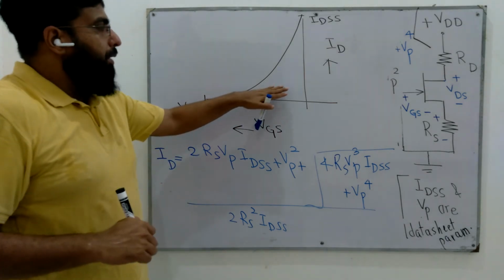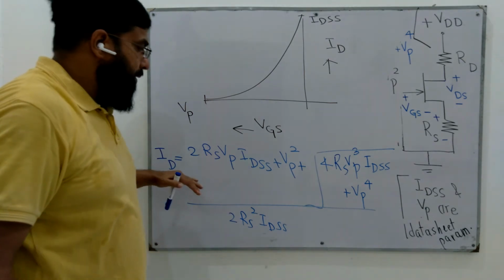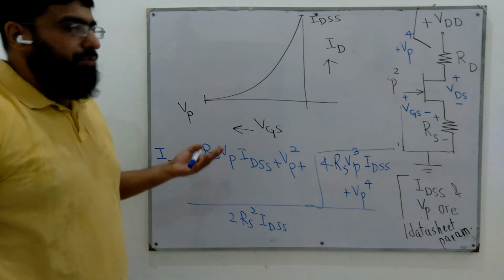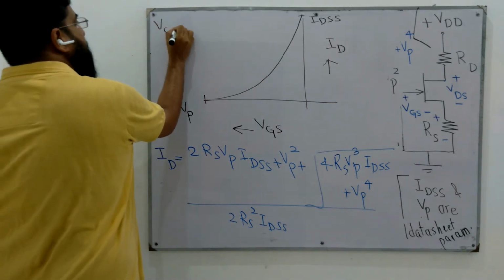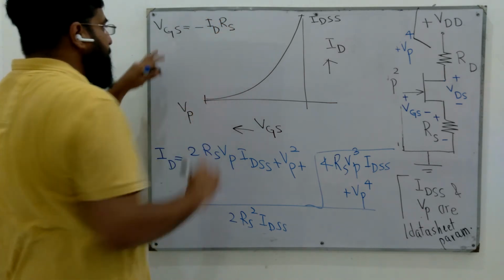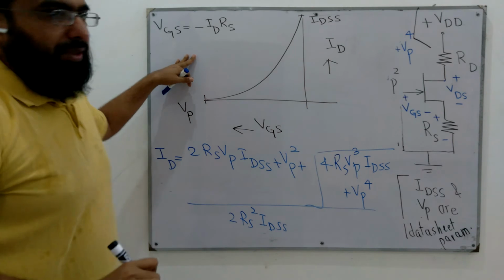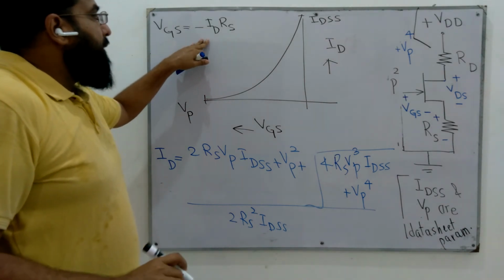In order to have a bias point containing this ID and VGS, of course it's minus IDRS. We already know that VGS is minus IDRS.